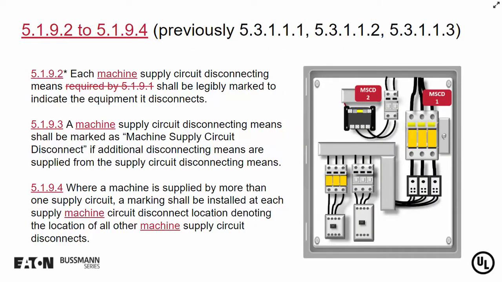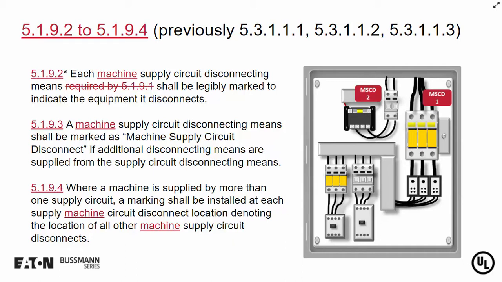All right, moving on, let's take a look at this next section in part 1. The term machine was added for consistency, and the section references were changed as appropriate. And then we deleted required by 5.1.9.1.